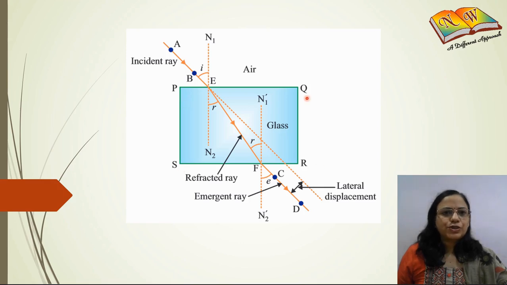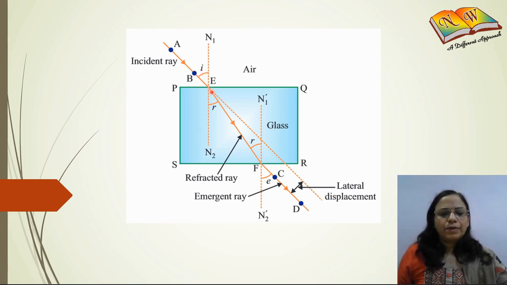Now, as you saw in the experiment, when we place the rectangular glass slab on the sheet of paper and we trace the path of light through it, we got an image as you can see on your screen. So the angle between the incident ray and the normal, this is the angle of incidence.